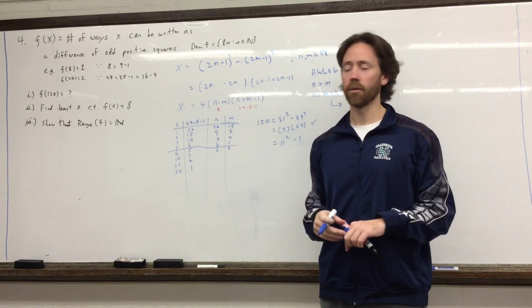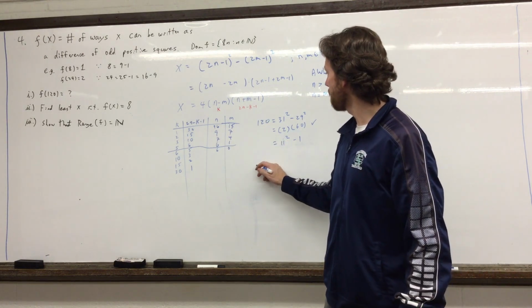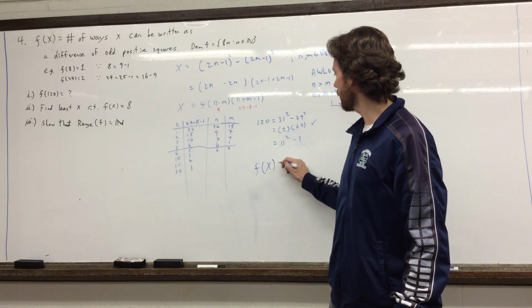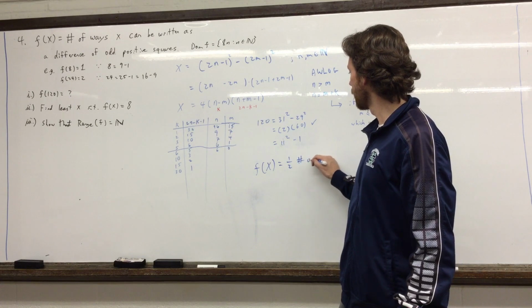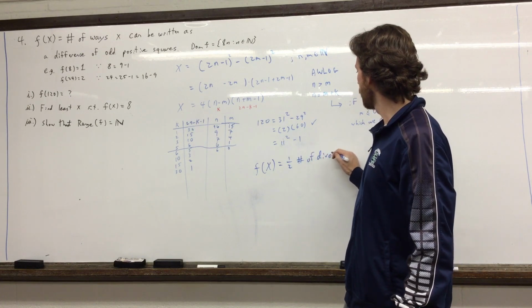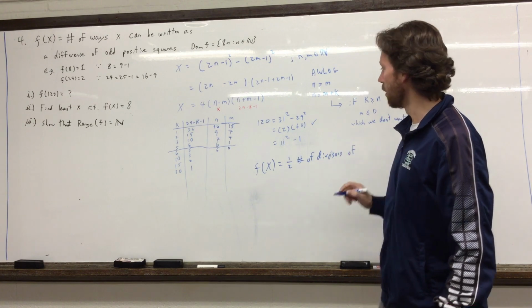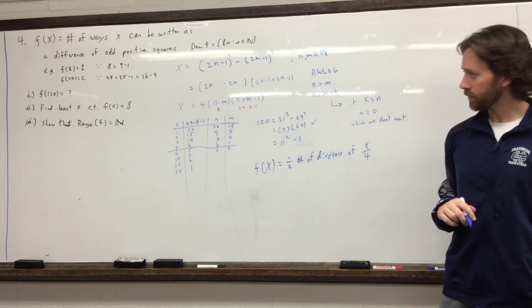Maybe you should write all that down for a full solution, but just to get the ball rolling here, I'm going to say f of x is 1/2 the number of divisors of x over 4.